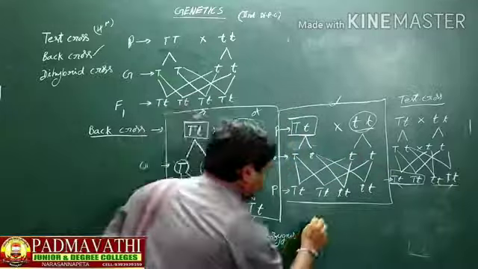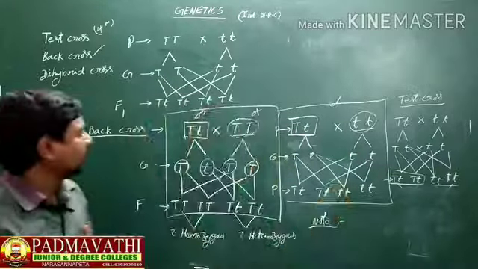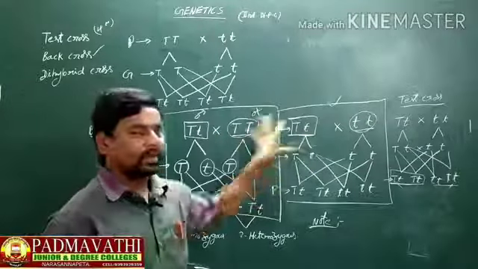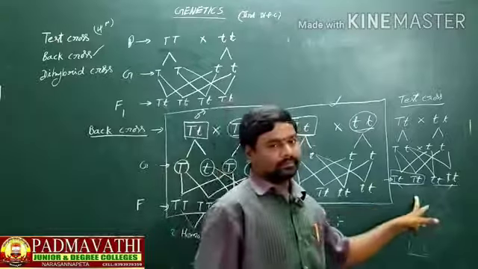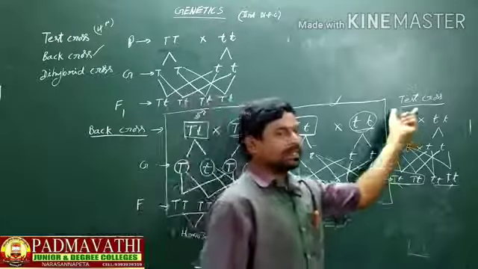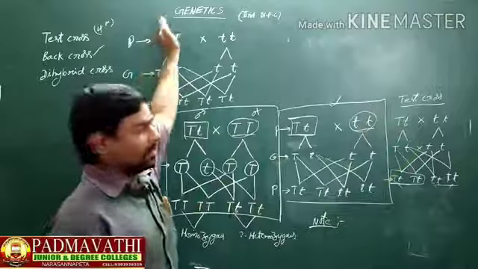Now, note. So, what is the note? All back crosses are not test cross. Why? Because in a back cross the F1 generation need not be crossed with the homozygous recessive, as in the test cross.